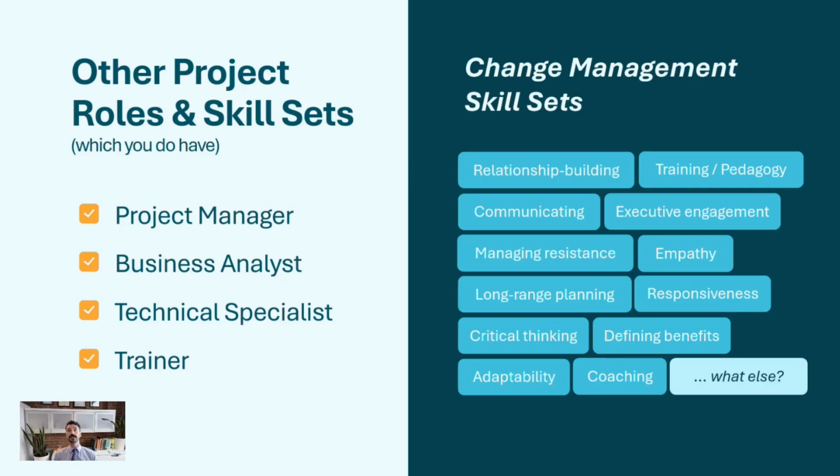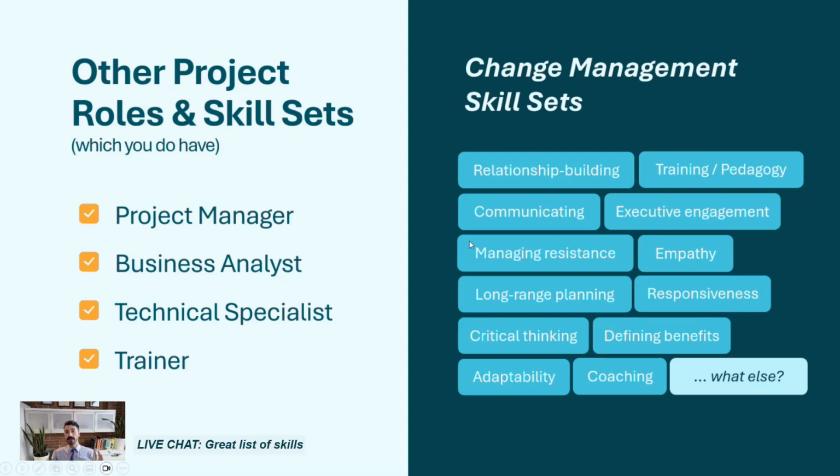These are all skill sets that a change manager has that we're going to look for in our other project team members. And if anyone has any other ideas, I'd love to hear that in the chat about what other types of skill sets you might see in a change manager. I'll keep an eye on that in the chat as we go here.